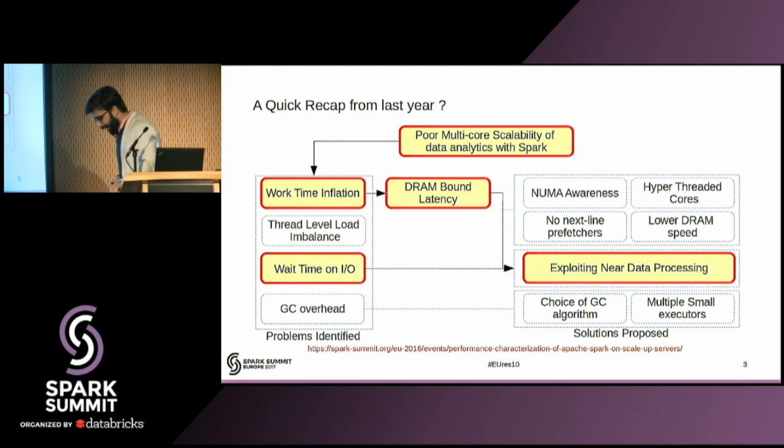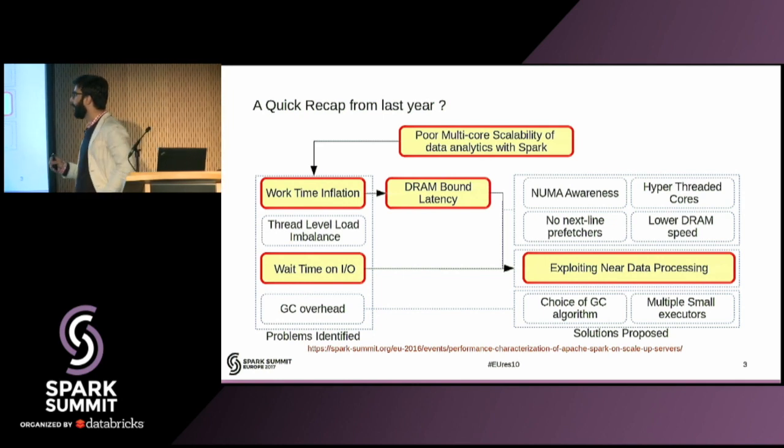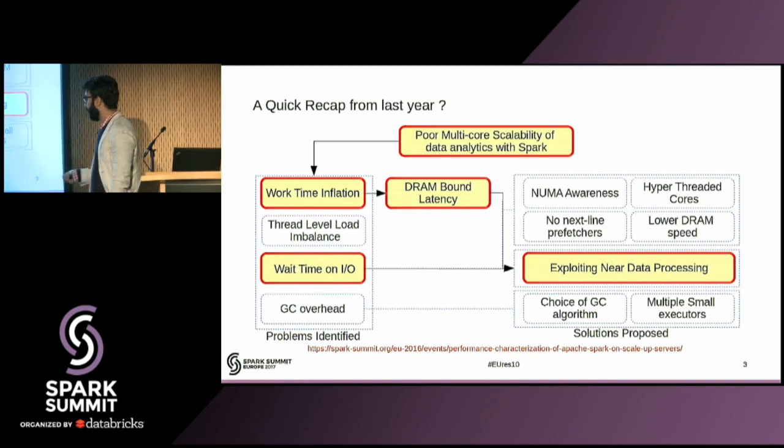What this whole talk is about is a continuation of work, and to understand this work, I would also recommend you look at the talk from last year as well. The context is that Apache Spark has poor multi-core scalability, and what I did was try to figure out what the scalability delimiting factors are which contribute to the poor multi-core scalability.